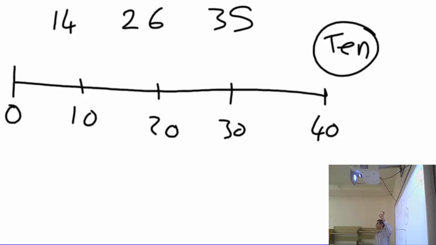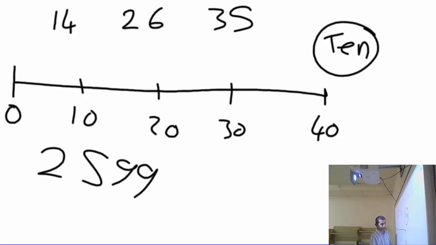So looking at here, which are the 10 numbers? 0, 10 is 10 obviously, 20, 30, 40. Any number that's a power of 10 is a 10 number. How about 2,599,720? Is this a 10 number? Yes, it is.